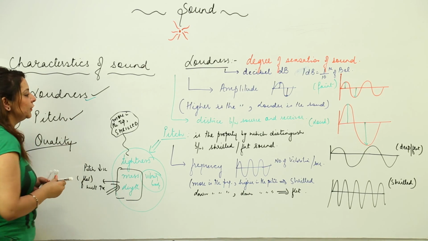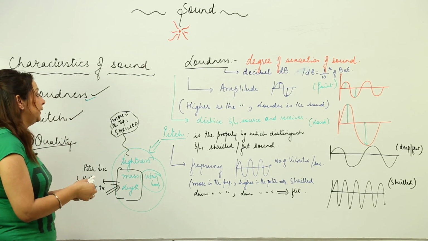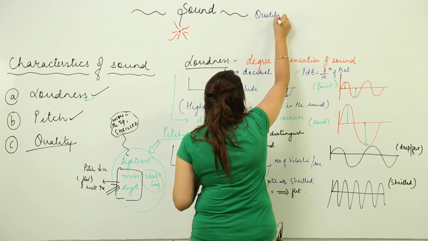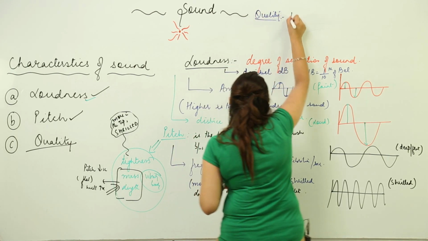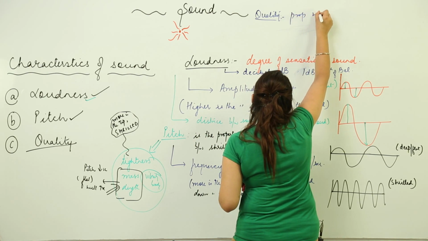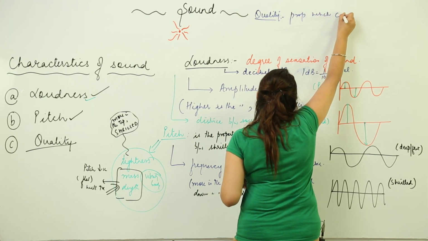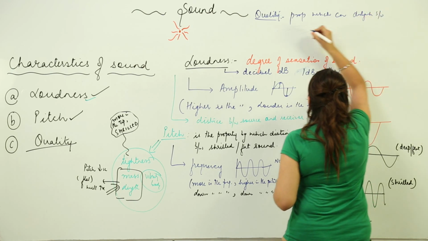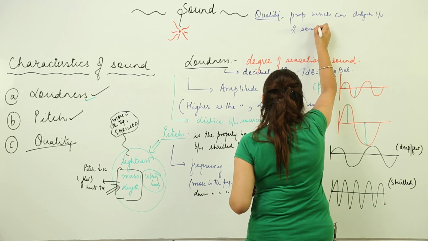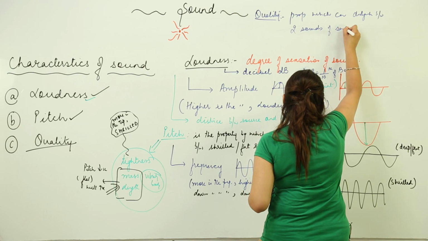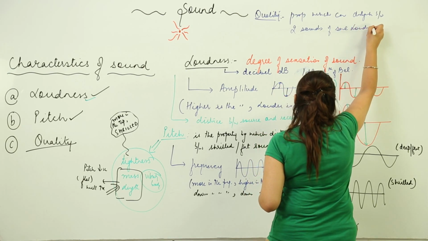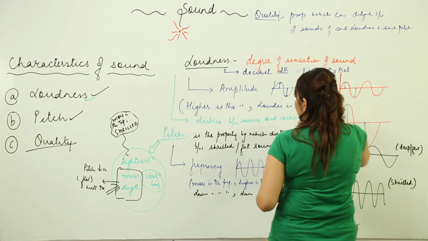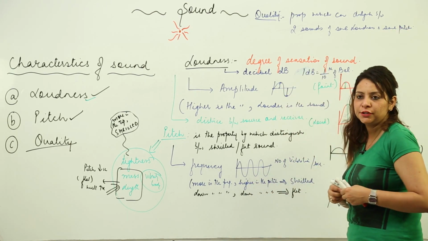So we are going to start with the third property, that is the quality. What is quality? Quality is one of the properties by which we can distinguish between two different sounds of the same loudness and same pitch, or we can say same frequency and same amplitude.